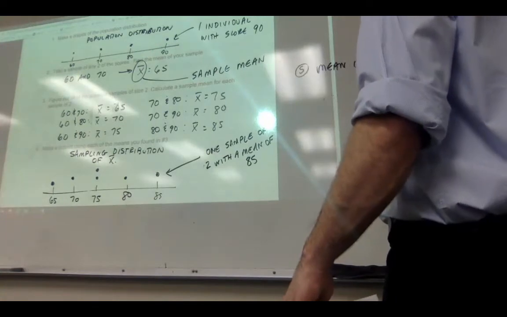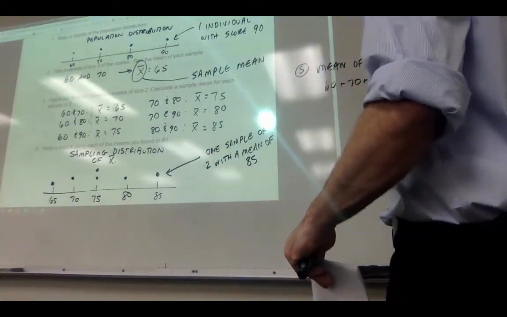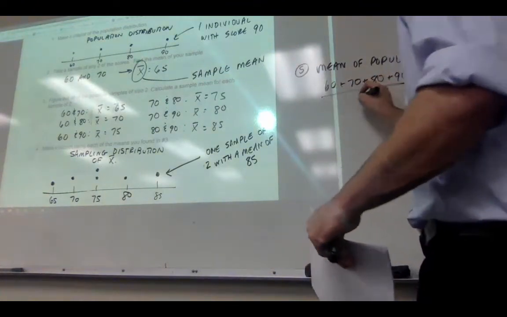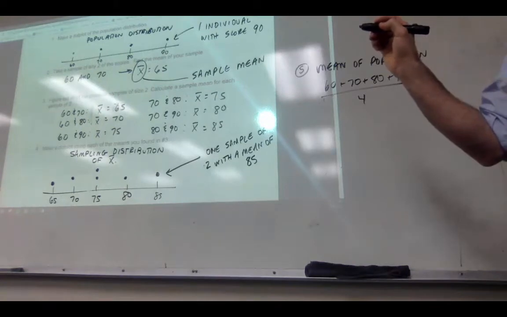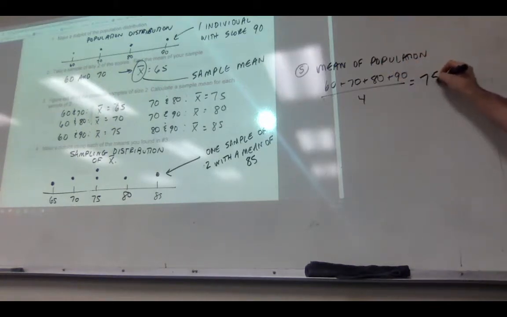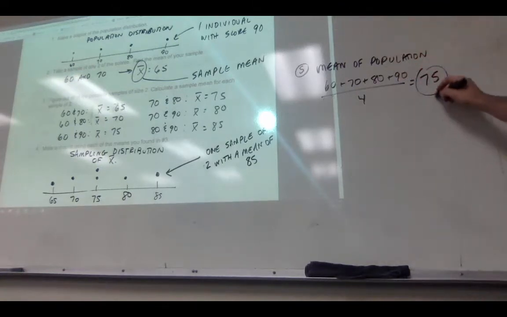That's right. So the mean of my population would be 60 plus 70 plus 80 plus 90 divided by 4, which gives me 75. Here's how we're going to label that. You ready? Because it's the mean of the entire population, this is called the population mean.